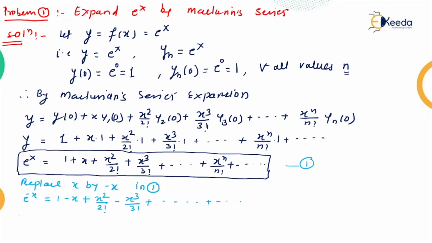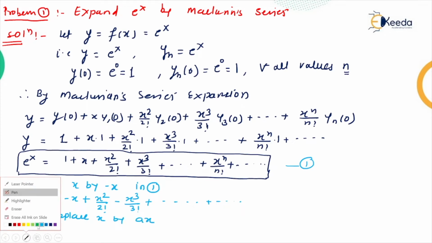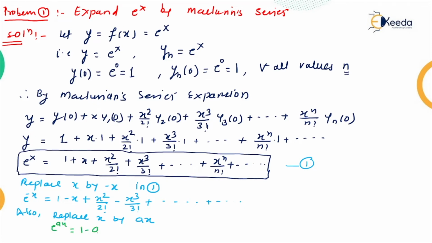Also, if we replace x by ax in equation 1, we get e to the power ax is equal to 1 plus ax plus a square x square divided by 2 factorial plus a cube x cube divided by 3 factorial plus and so on. All the terms are plus, because it is e to the power plus ax.